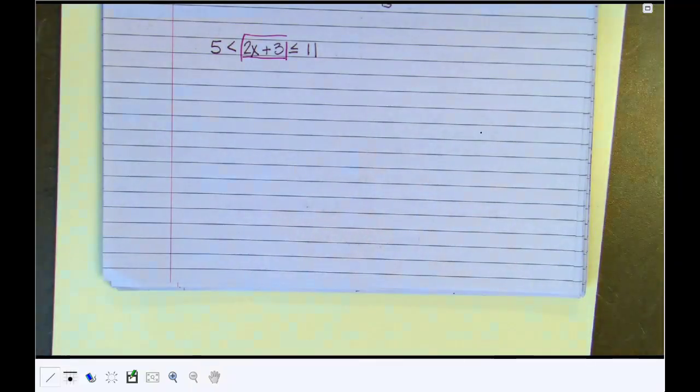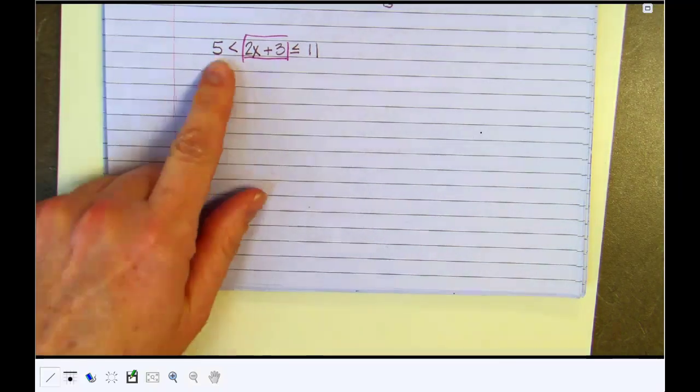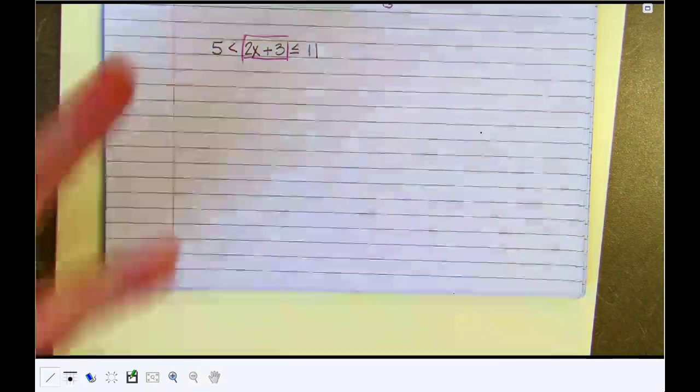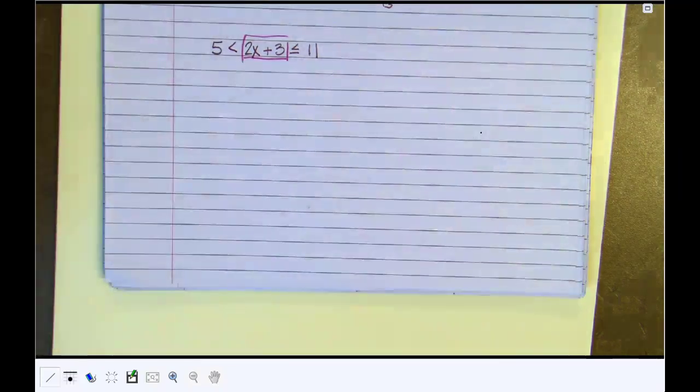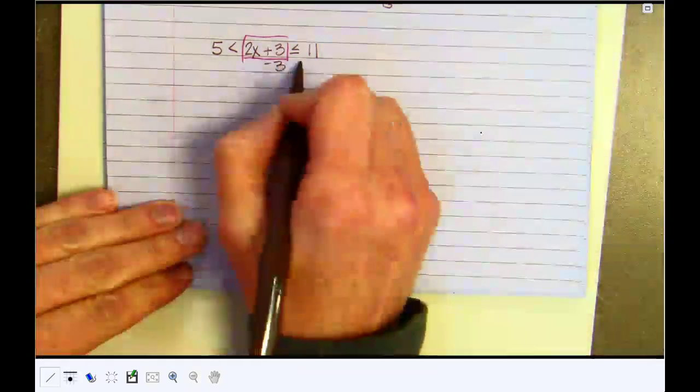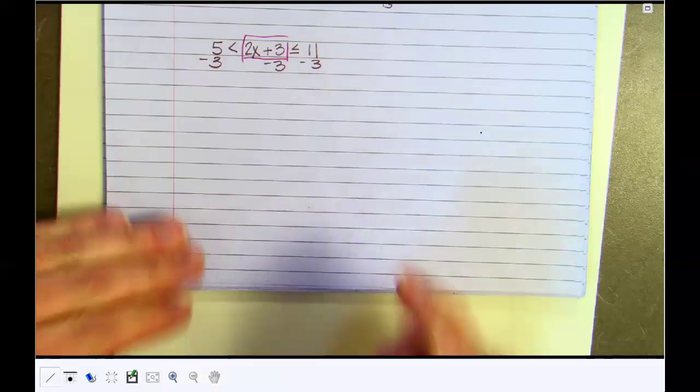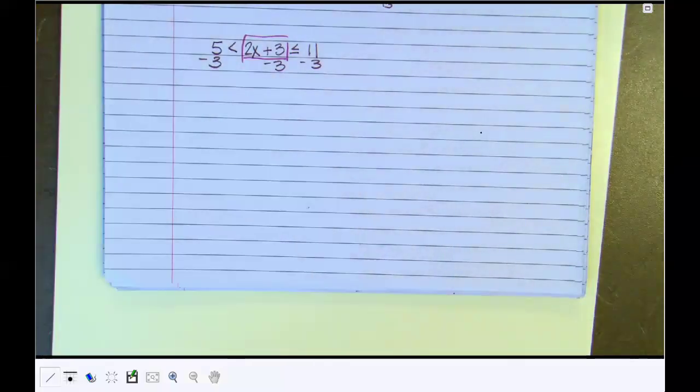Some people would say, oh, I'm just going to start at the left side and start subtracting 5. That doesn't help you, because you want to get x by itself. So what do you have to move? Subtract the 3. And from what are you subtracting the 3? And the 5. You have to do it in 3 different places because it's a compound inequality and it's weird.